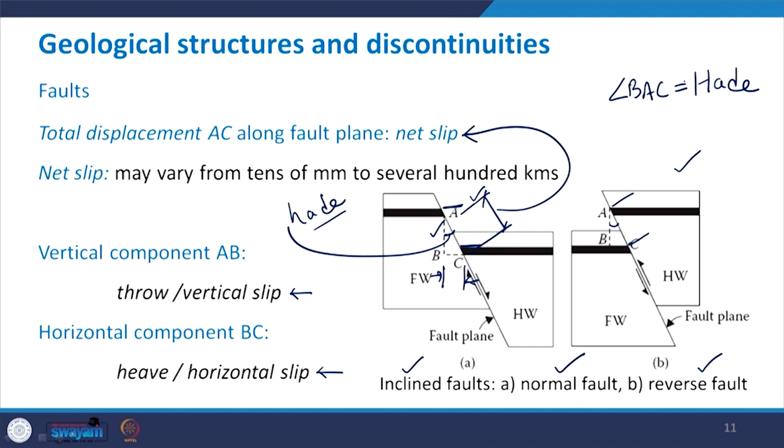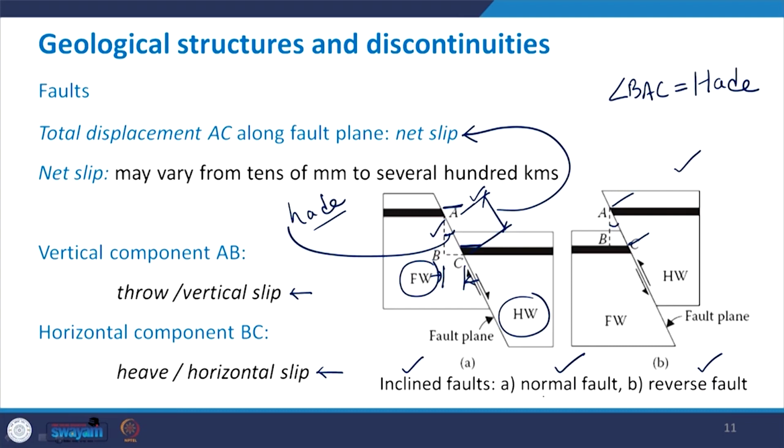It is observed that the two blocks which are lying on either side of the inclined fault planes are dissimilar in their configuration and orientation in space. Of these two blocks, one appears to rest on the other. So the former one is known as the hanging wall, that is HW, and the latter one which supports the former one, the hanging wall, is called as foot wall.